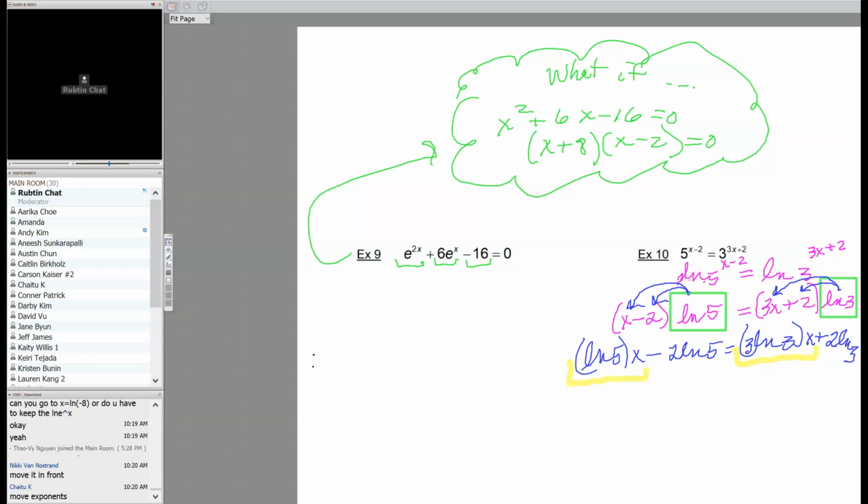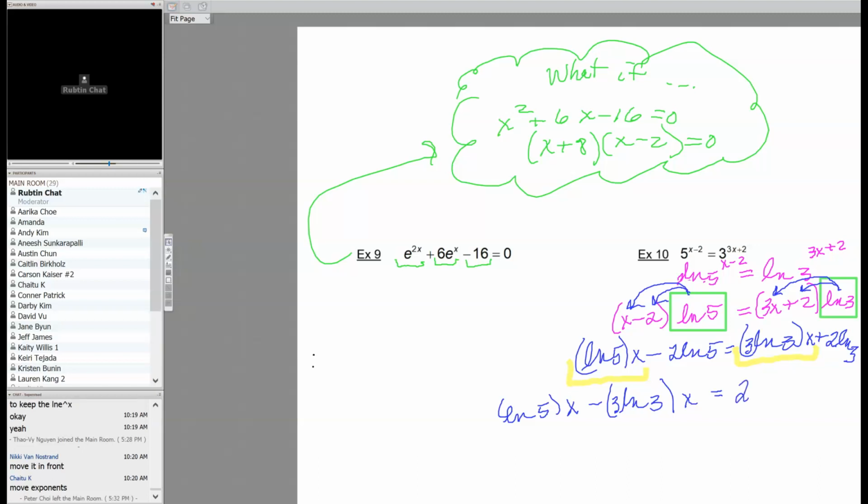We could have done this a whole lot faster, but I don't want to lose you in the process just because it looks so weird. I'm trying to use those parentheses so you realize those are just numbers. I'm going to move the 2 ln 3 and the 2 ln 5 to the other side. So 2 ln 3, 2 ln 5.